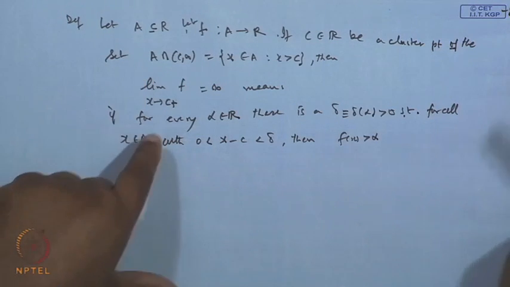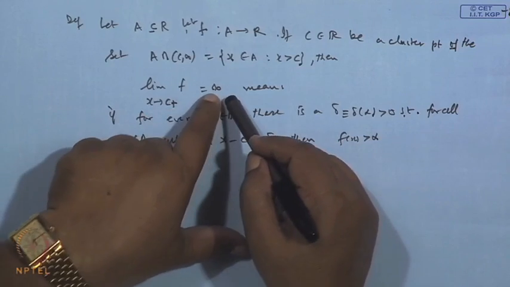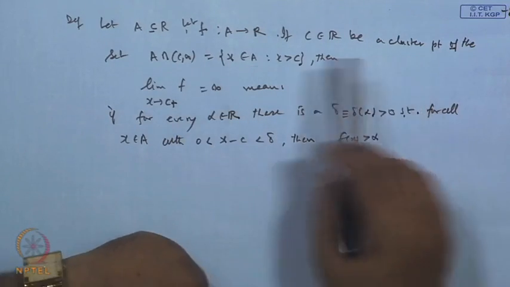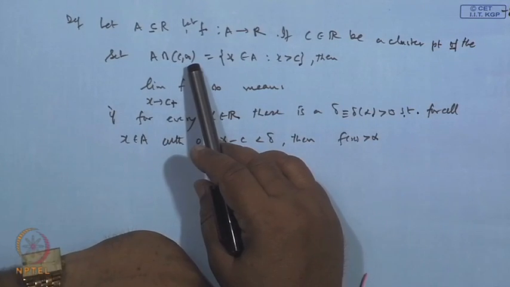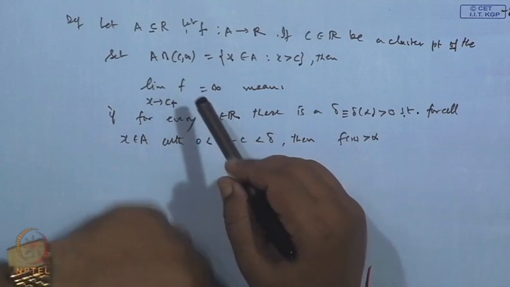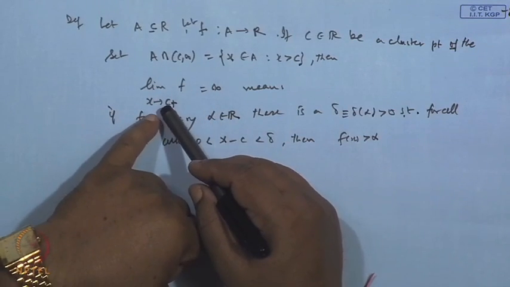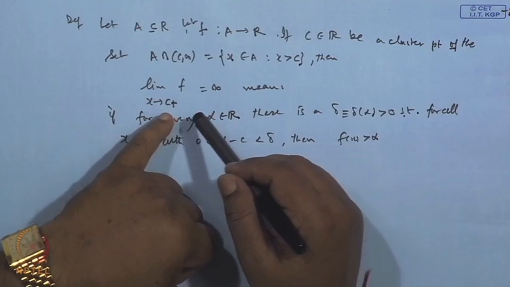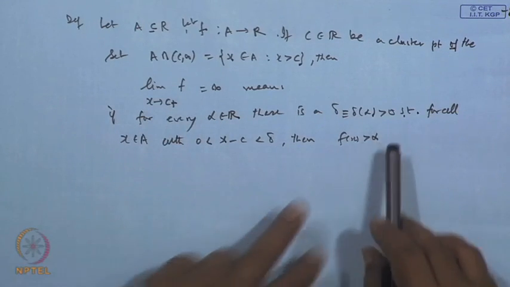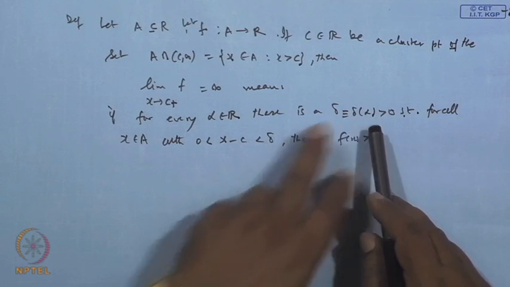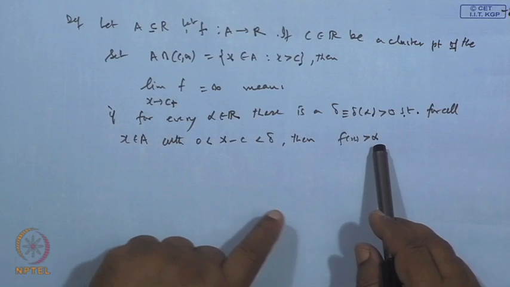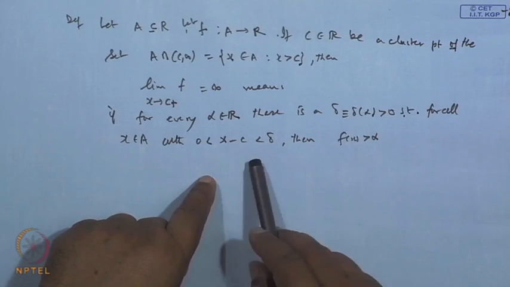The limit of f from the right hand side is infinity means that if I pick up a set A intersection (c, infinity) and c is the cluster point of this set, then we say the limit of the function when x approaches c from the right hand side is infinity means that we can identify a delta corresponding to every alpha such that f(x) will exceed alpha for all x satisfying this condition.